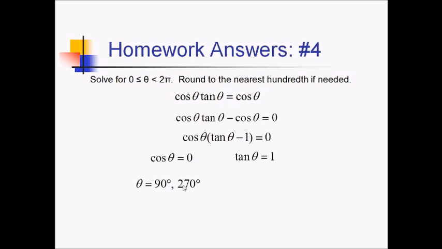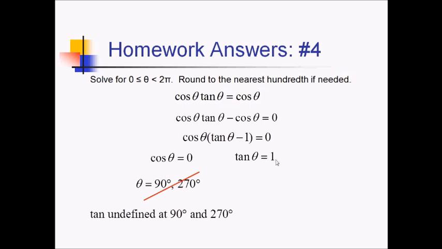So 90 and 270, is the tangent function okay with those? Well, it isn't, because tan is the slope of an angle, and the slope at 90 or 270 degrees is perfectly vertical, undefined. So since tan is undefined at 90 and 270, these are actually extraneous roots, and we're not going to bother converting them to radians because they don't count anyway.